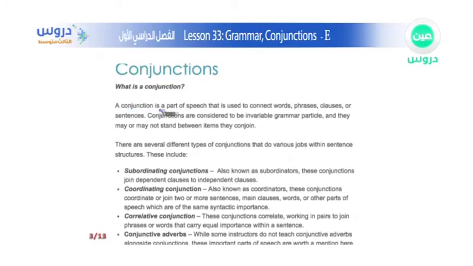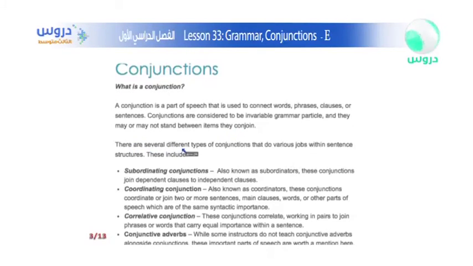A conjunction is a part of speech that is used to connect words, phrases, clauses, or sentences. Conjunctions are considered to be invariable grammar particles, and they may or may not stand between the items they conjoin.